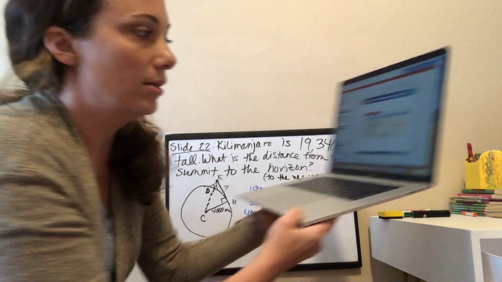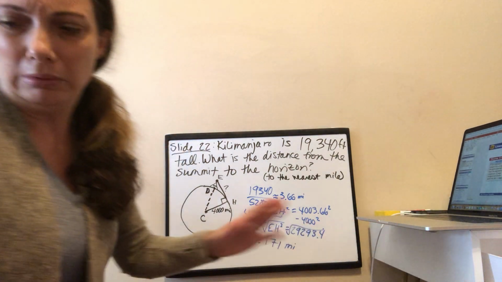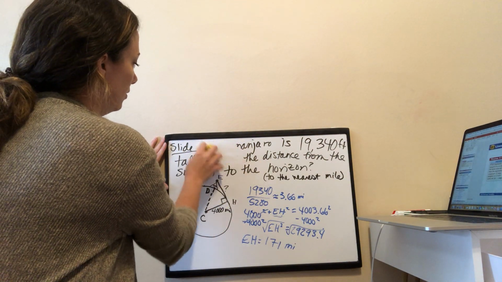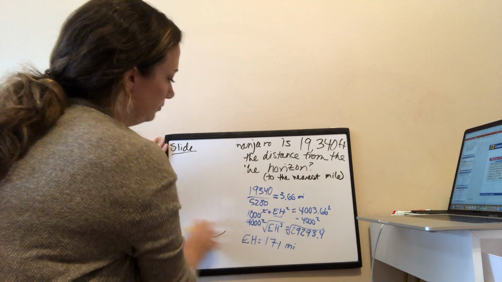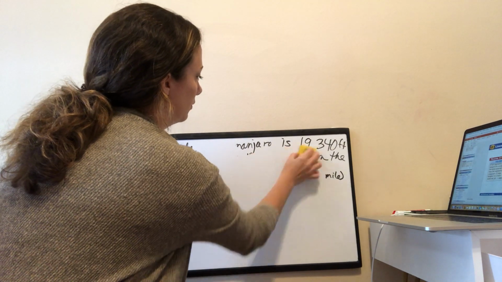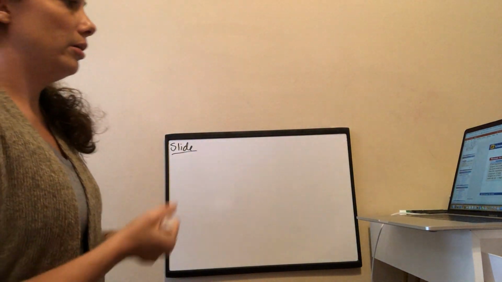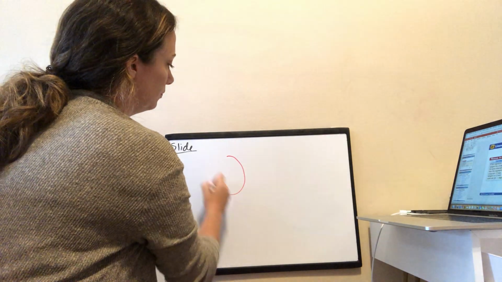So I'm going to erase the Kilimanjaro example. Okay, so I have a circle.